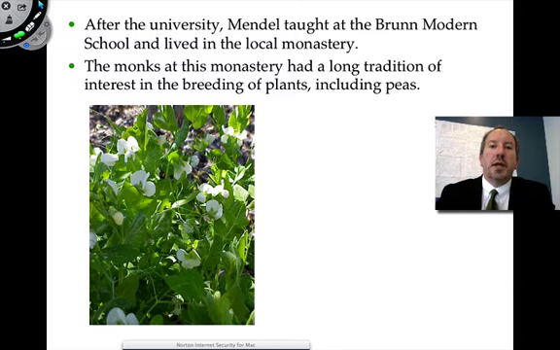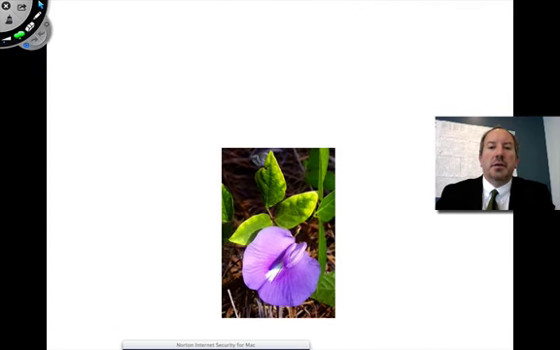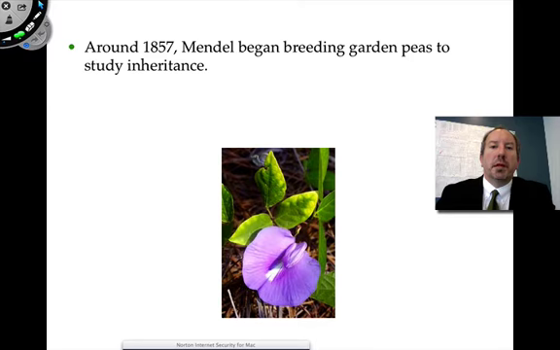So he fit right in. He's there in the garden, on the ground with his apron, crossing pea plants together. When he started breeding them in 1857, a while ago, he thought that he might be able to see a pattern in what was happening.